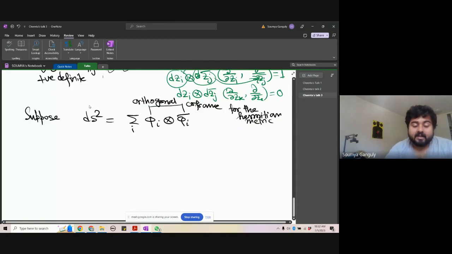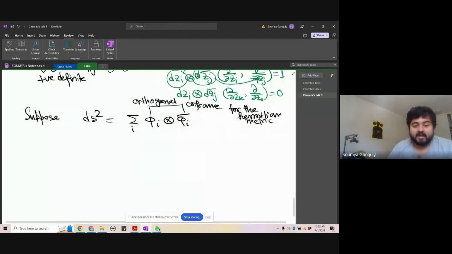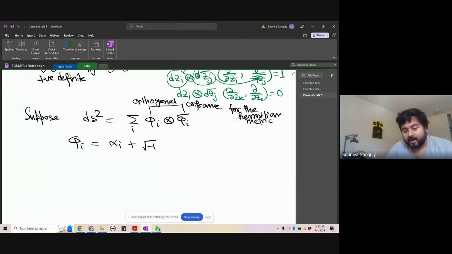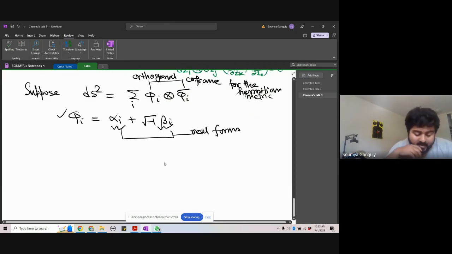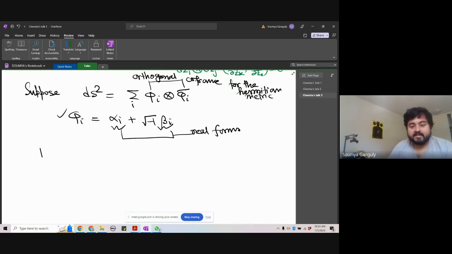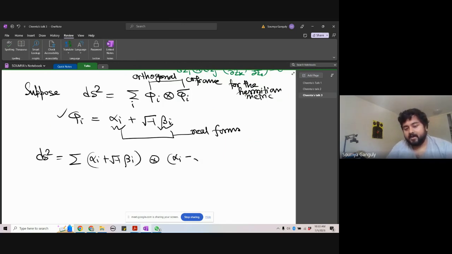And then ds² is this. Now these are complex differential forms, right? So you can write them as α_i + √-1 β_i, just writing them as real and imaginary parts, just like you do for complex variables. So these are all now real forms. Then this ds² becomes (α_i + √-1 β_i) tensor (α_i − √-1 β_i).